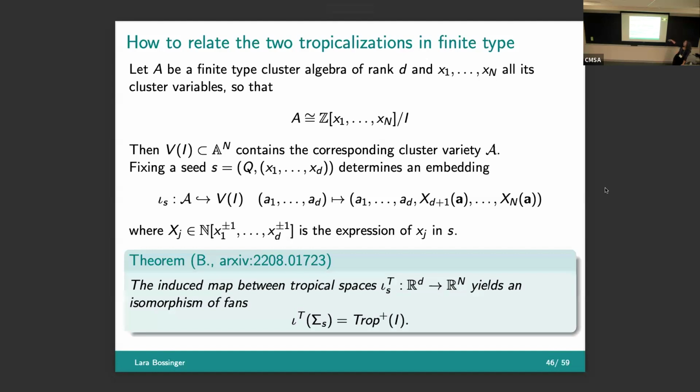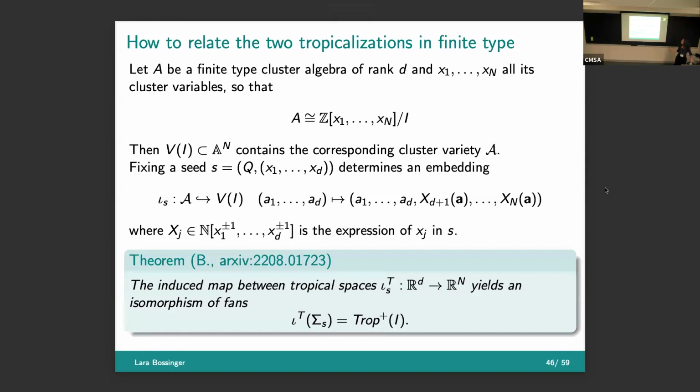And then the statement is that what we observed on the slide before works in this generality. So if I tropicalize this map, meaning I get a map from R to the D to R to the capital N, then the image of the tropicalization, the Fock-Goncharov tropicalization of the cluster variety, this fan that we computed, is the positive tropical part, the positive tropicalization of the ideal.